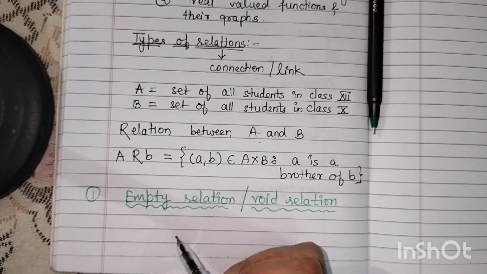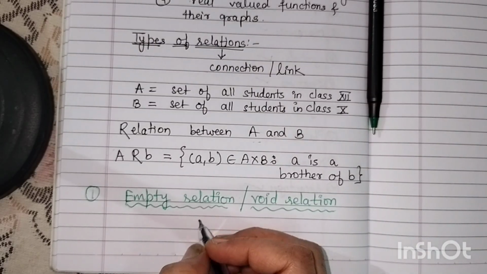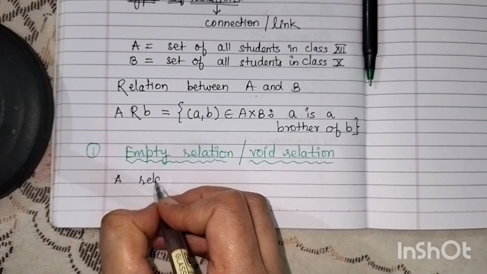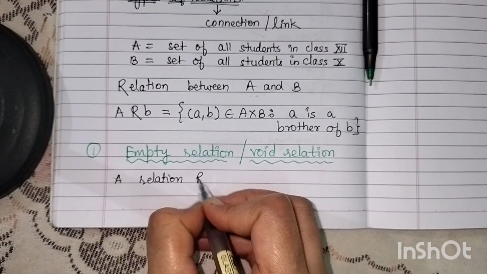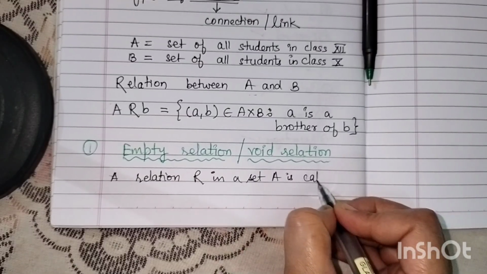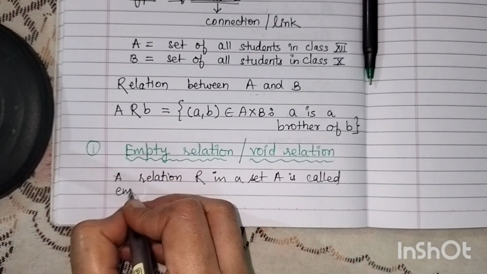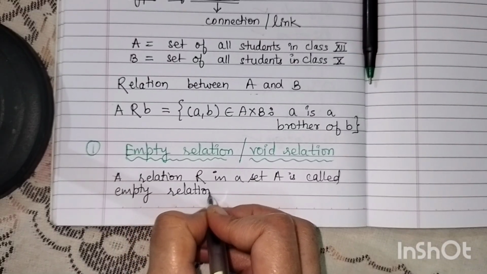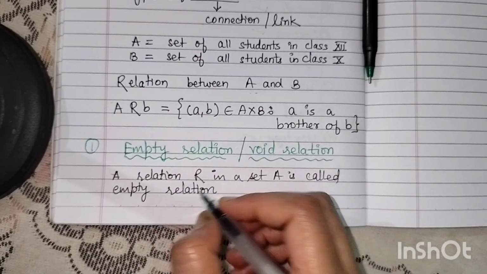Now what this says is: a relation R in a set A is called empty when you say something is empty, when nothing is there inside that.